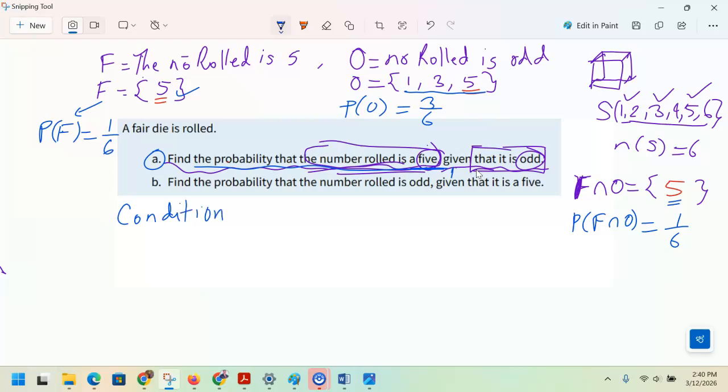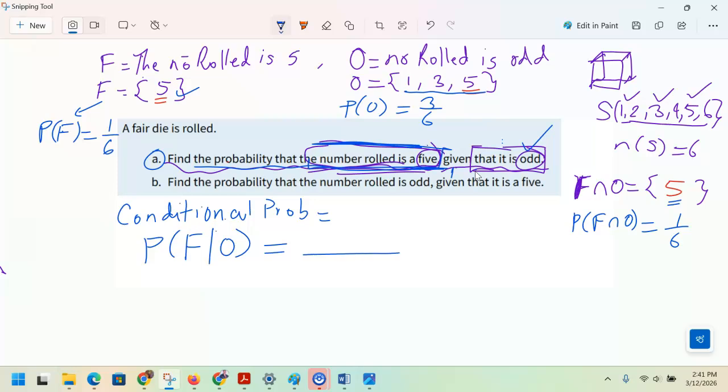Using conditional probability, we want the probability of getting 5 showing up, that is F, given that it is odd, so put a bar and then O. This means we have a ratio: the probability of F and O, divided by the probability of O.